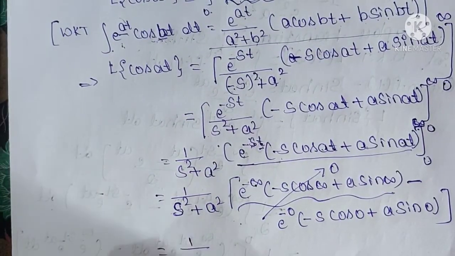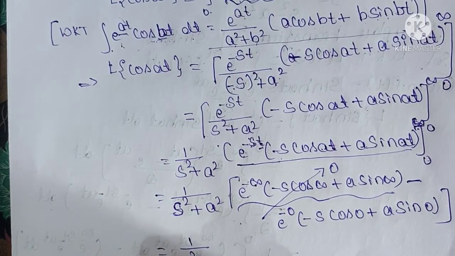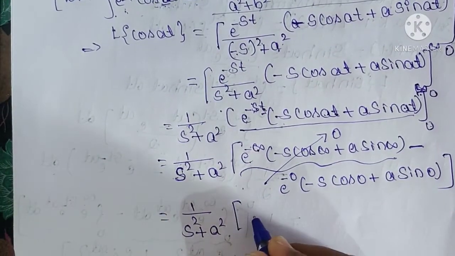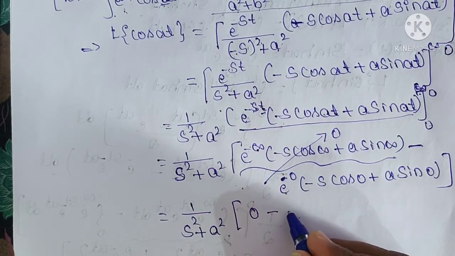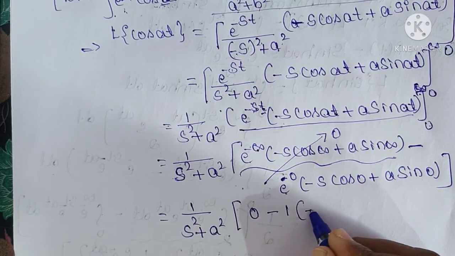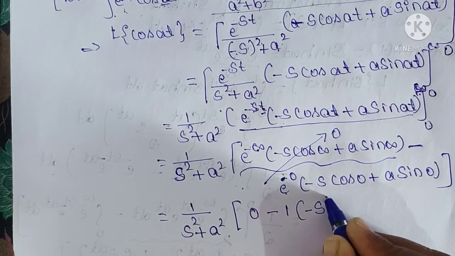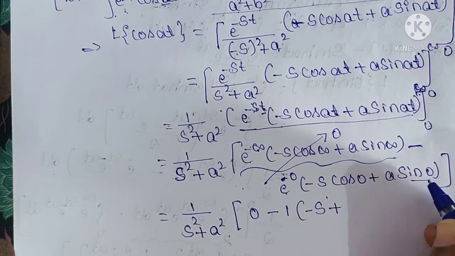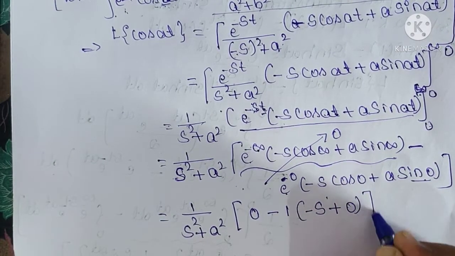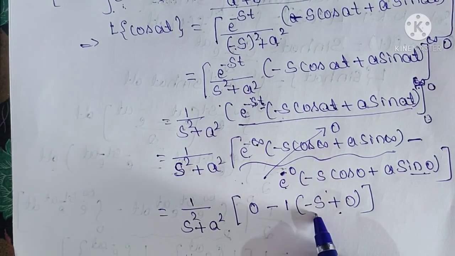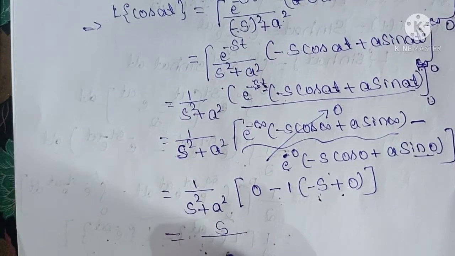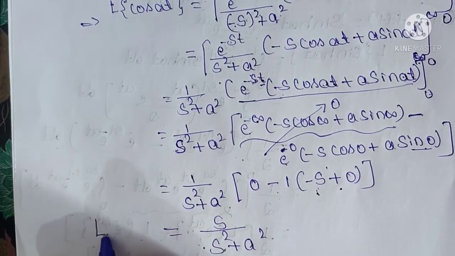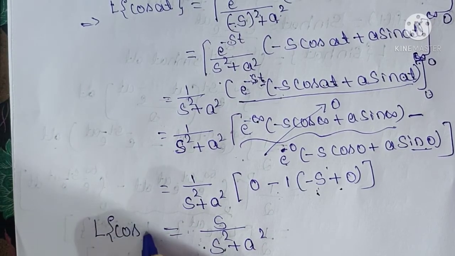This implies 1 divided by s square plus a square, times the first term, which is 0, minus e power 0 value 1, times minus cos 0 value 1 times s plus sin 0 value 0. 0 into a value is 0. See, minus s plus 0 is minus s. Minus s into minus 1 is plus s. So s divided by s square plus a square. This is the Laplace transform of cos of at.